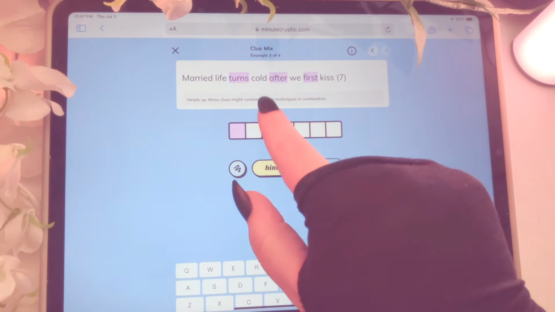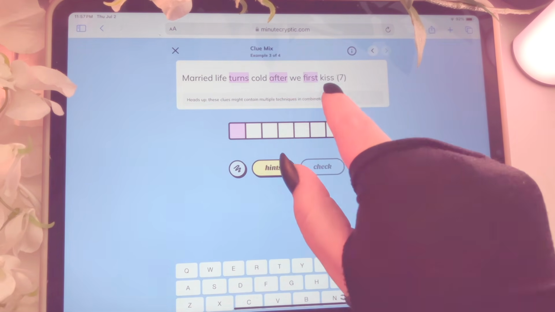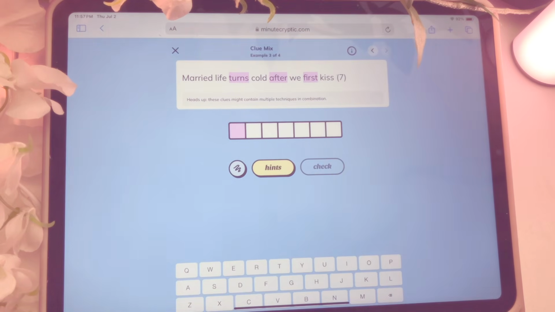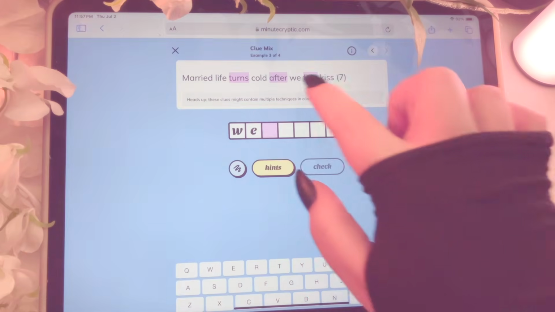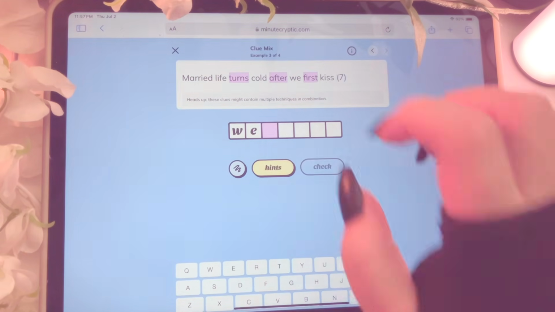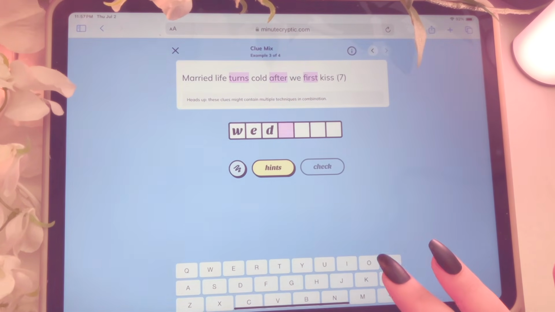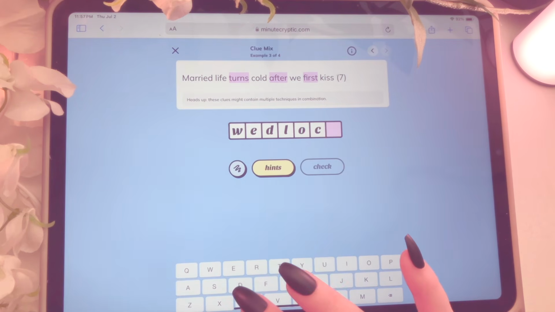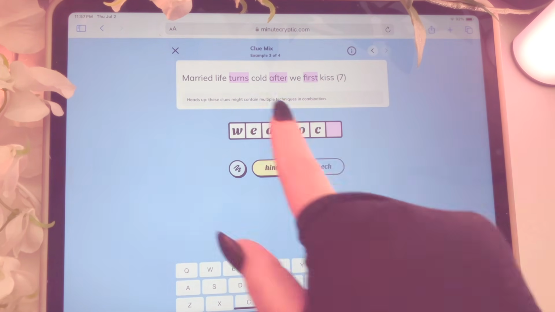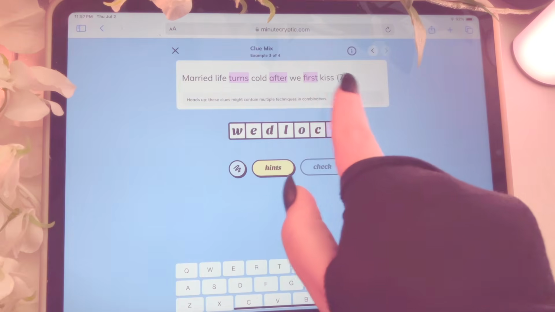There's 4 in cold, 5, 6, and then the K. Maybe it's D-L-O-C. Okay, yes. I was confused about what was going after where.